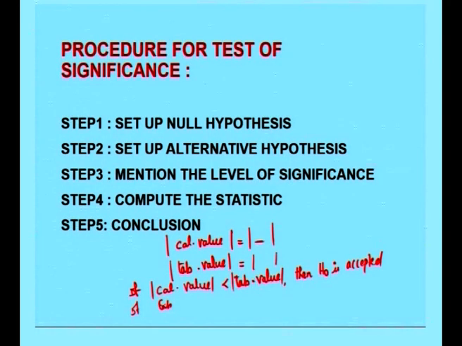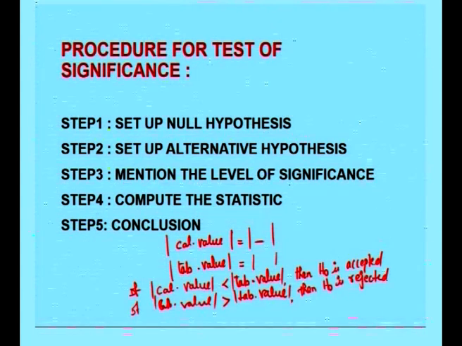If your calculated value is greater than the tabulated value, then H naught is rejected. When H naught is rejected, H1 is accepted because H1 is complement to H naught.